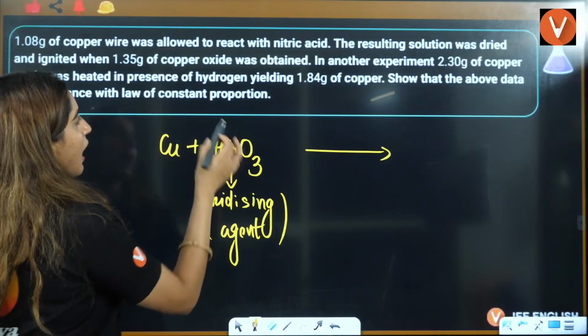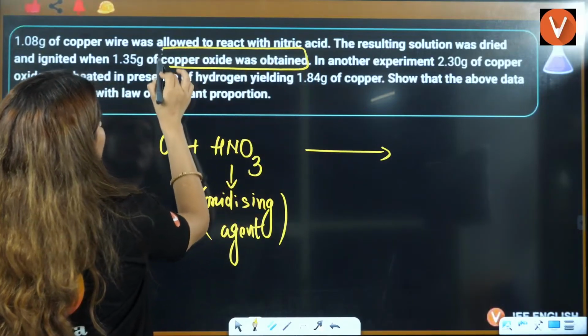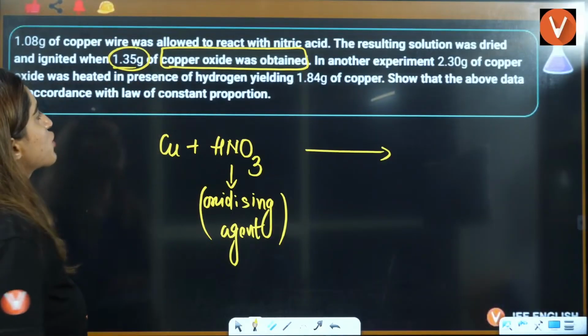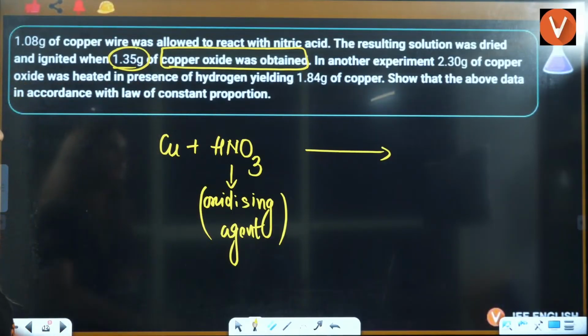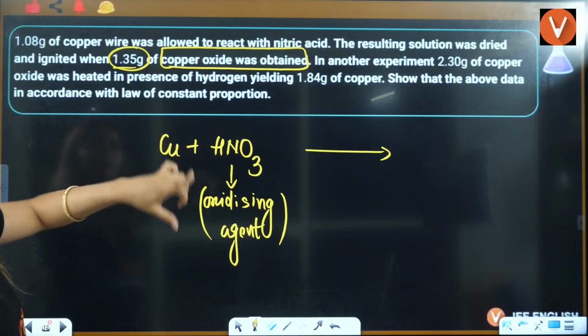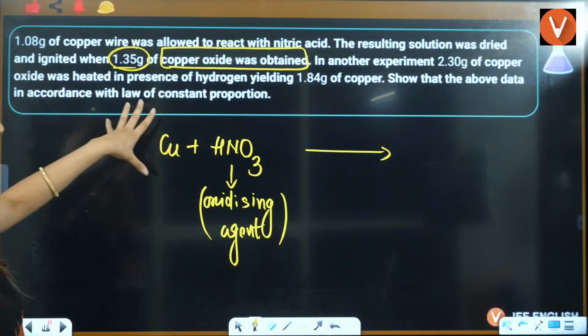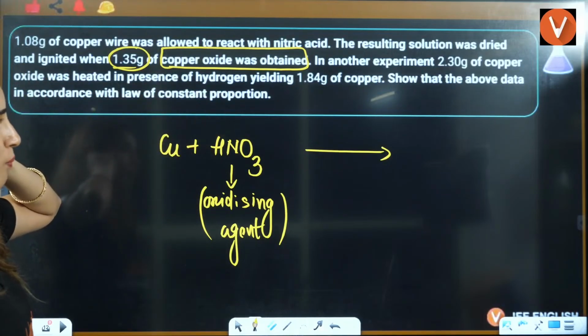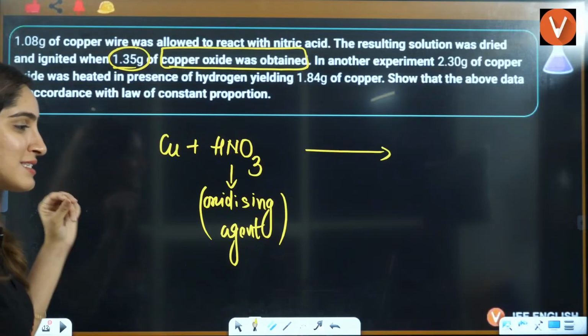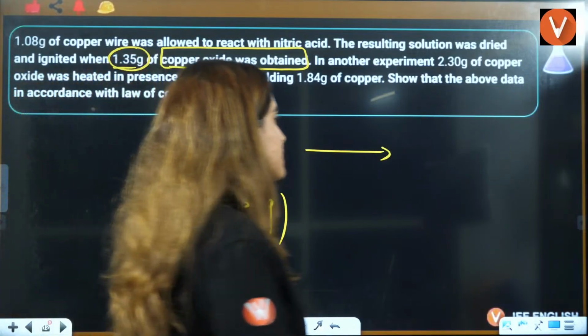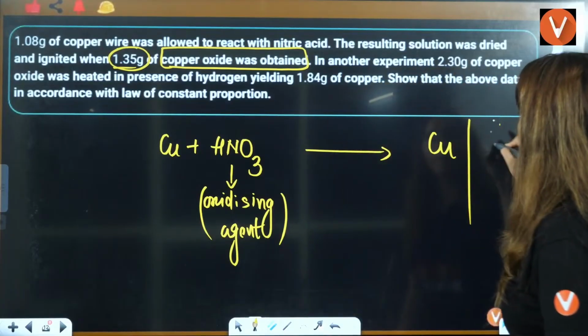In the other, copper oxide was heated, resulting in this much of copper. The relation is with copper and copper oxide.